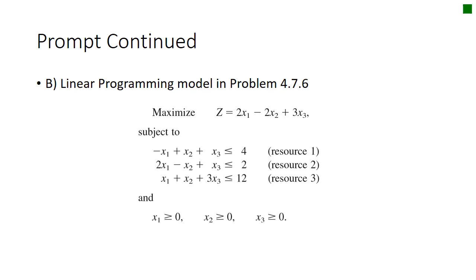We need to maximize the objective function z equals 2x1 minus 2x2 plus 3x3, subject to the three constraints negative x1 plus x2 plus x3 less than or equal to 4, 2x1 minus x2 plus x3 less than or equal to 2, and x1 plus x2 plus 3x3 less than or equal to 12, and as usual, all three variables, x1, x2, and x3, need to be greater than or equal to 0.